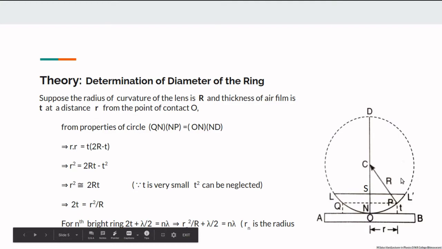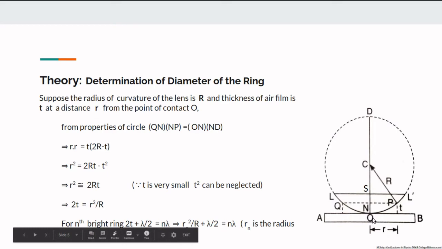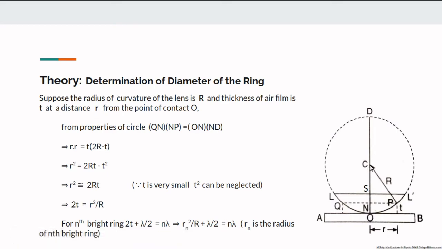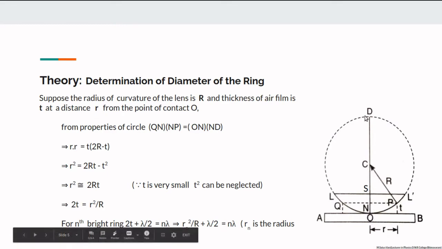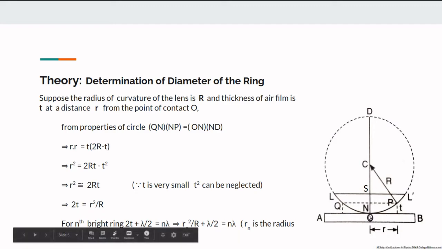This is also called the radius of curvature of the lens. For example, if you see this figure, OC is the radius and OD is the diameter. We know that diameter is equal to 2 times radius. Next, this is the diameter, and this is also a chord in this circle.